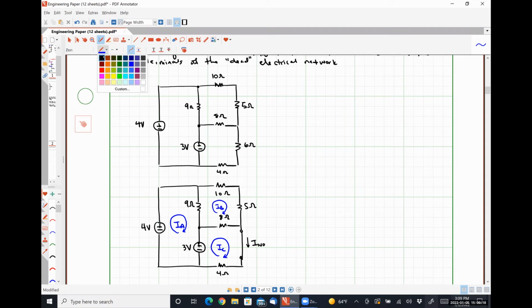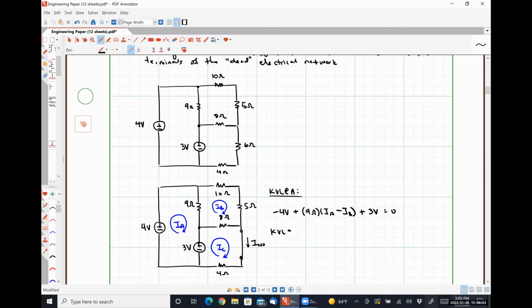So our KVL at mesh A equation shouldn't change. -4 volts plus 9 ohms times (IA minus IB) plus 3 volts is equal to 0.